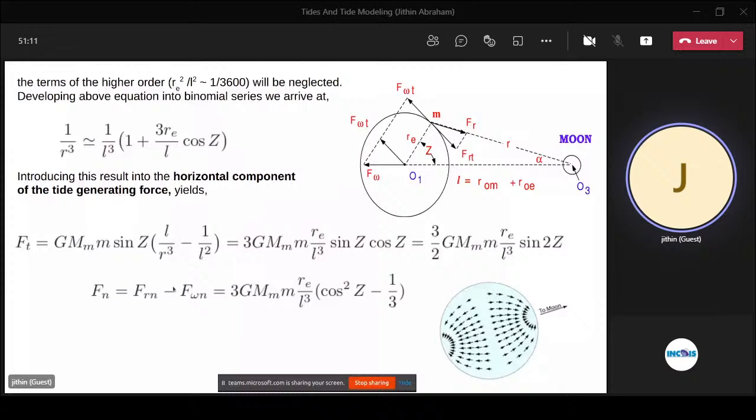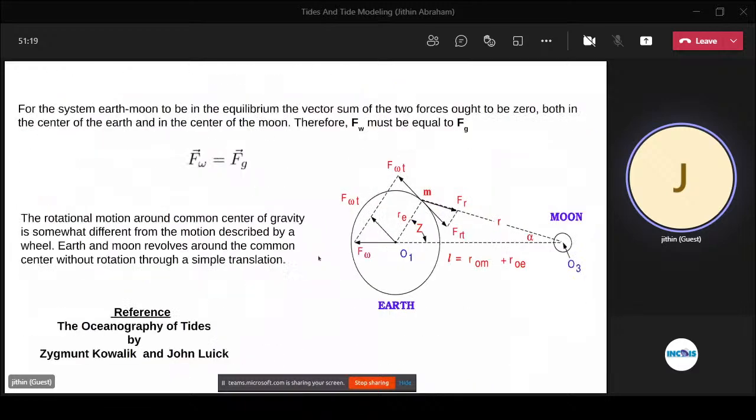If you want the detailed derivation, you can refer to the book The Oceanography of Tides by Sigmund Kowalik and John Luick. There is a detailed description and derivation of the tide generating force.